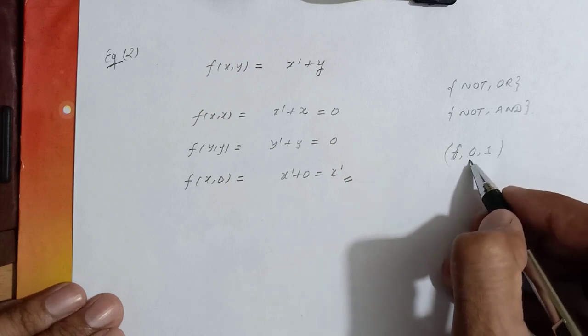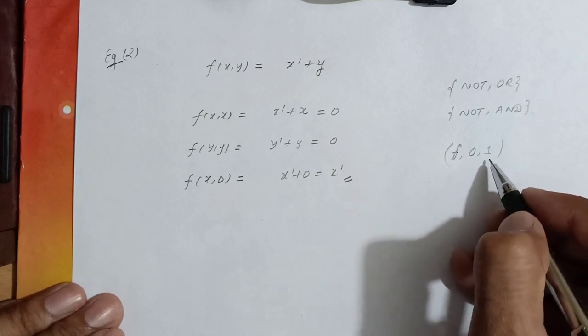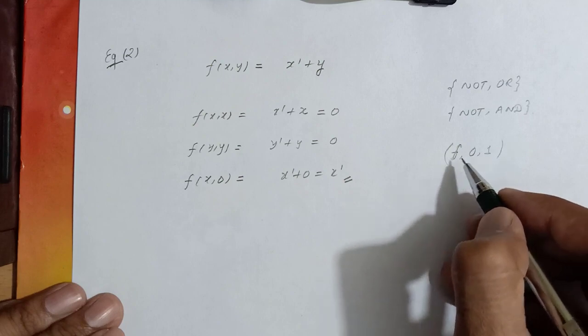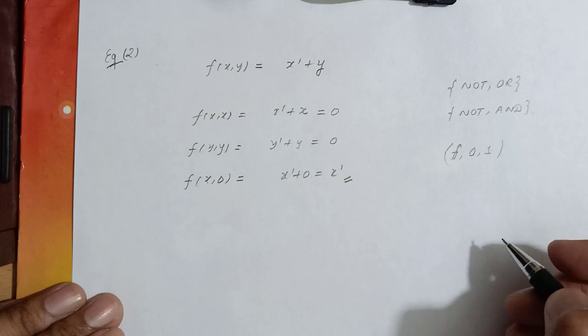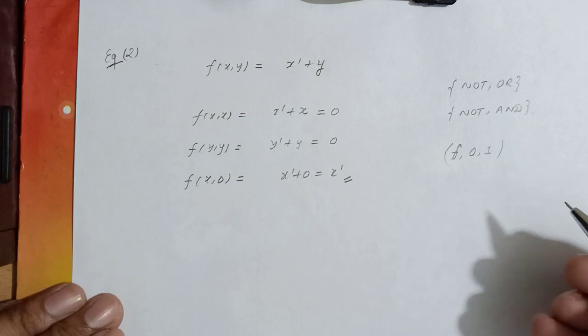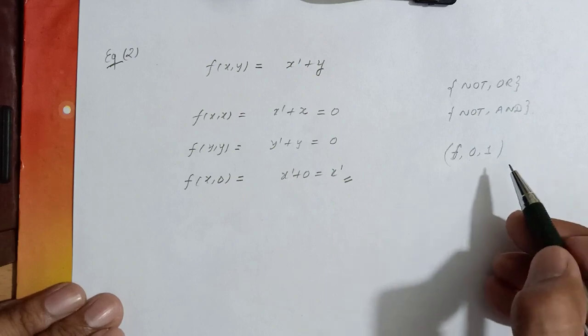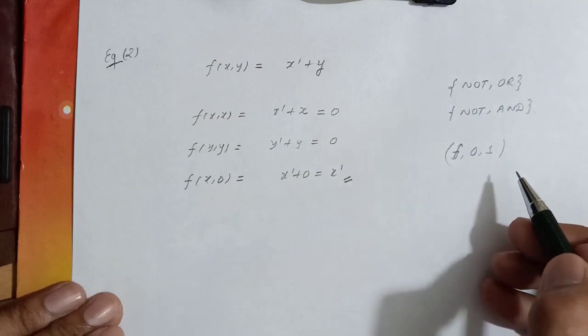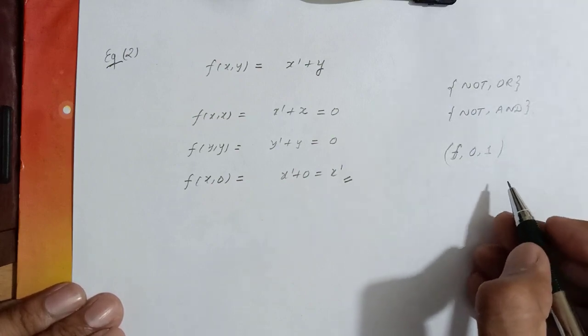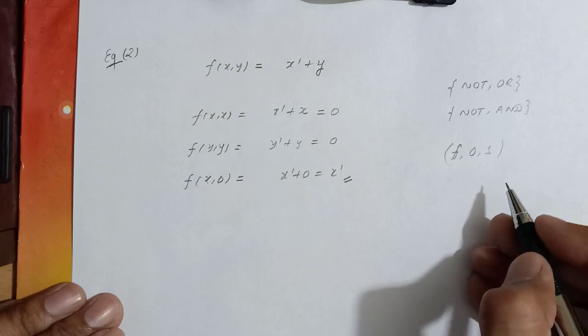If we are taking 0 and 1 together with the given operation, and in that case we conclude that the given operation is functionally complete, then what we can say, this operation is partially functionally complete.